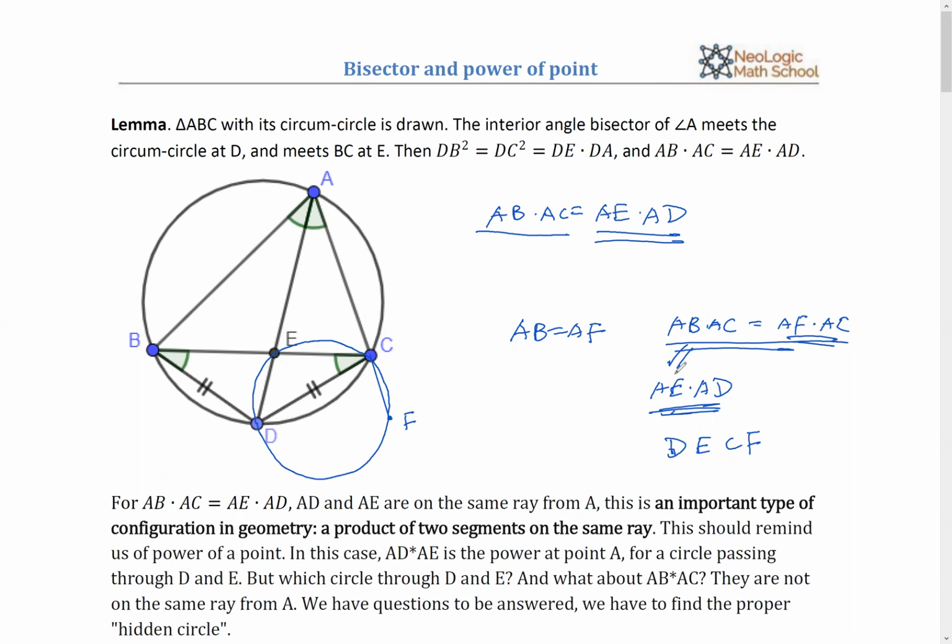How else would you prove that DECF exists on the same circle? Normally, we would have done something like angle chasing. So if you're watching this, you can pause the video for a moment and think about why this quadrilateral is cyclic. In the meantime, let's look at a better graph.